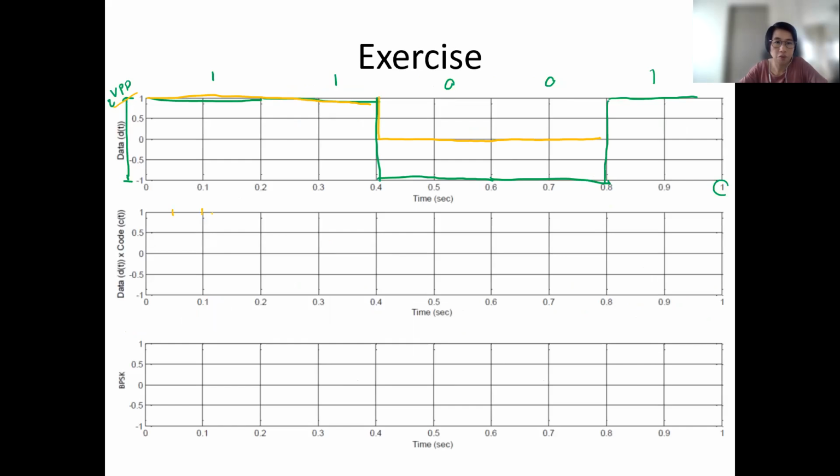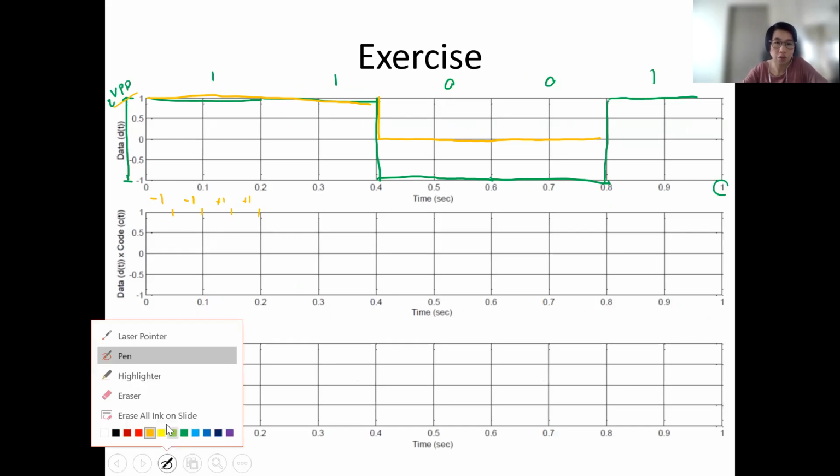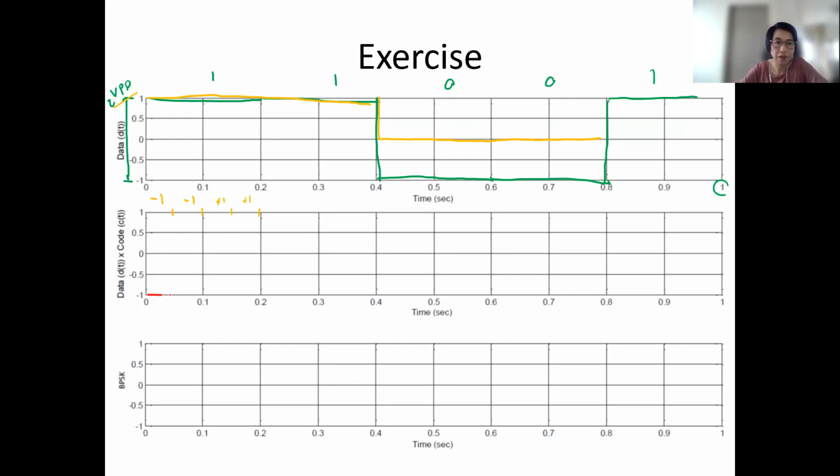So for bit 1, it will turn to be minus, plus, and then this is the same, minus, plus. But for bit 0, it is multiplied with -1.